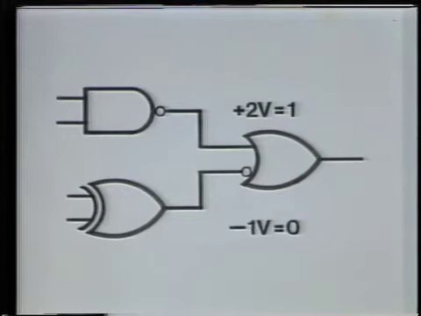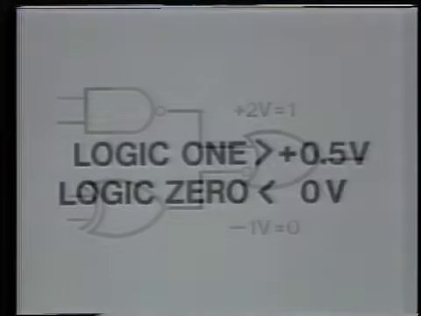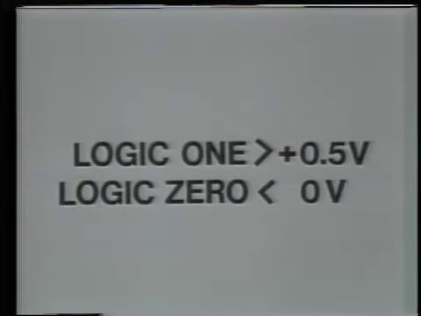To do this, of course, you must have a definition of what a logic 1 represents in terms of voltage and what a logic 0 represents in terms of voltage. For example, if we arbitrarily define a 1 as a voltage that is greater than plus 0.5 volts and a logic 0 as a voltage that is less than 0 volts, then we have a definition.